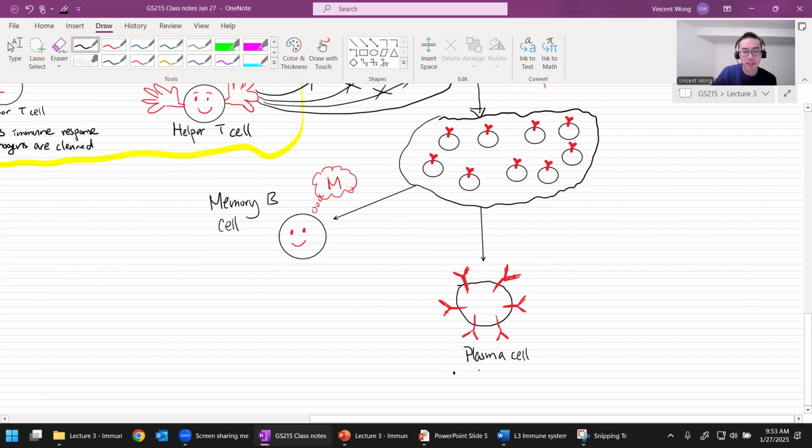The function of the plasma cell is to mass produce antibodies. Okay, so it's gonna pump them out like candies from a candy factory. There we go.